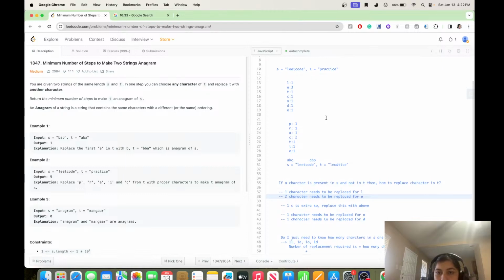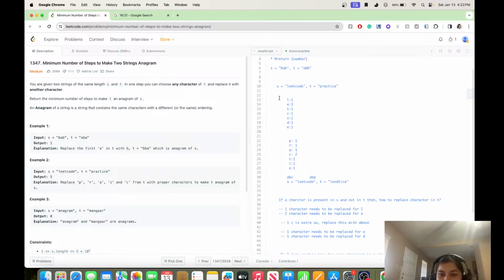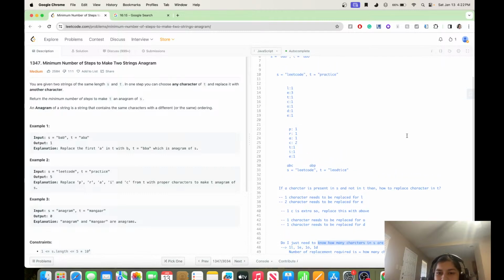Okay. I guess this is the answer, isn't it? Number of replacements required. I just need to find out this, right? How many characters in S are missing in T? If I just find that out, then that is the answer, I guess.